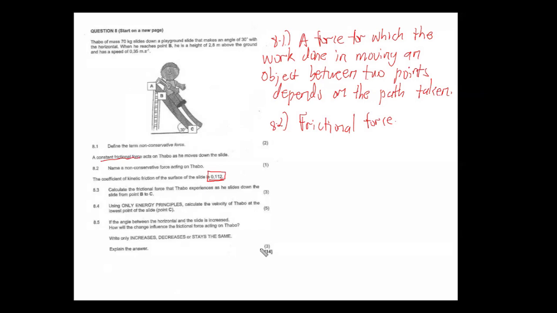Then 8.3 says, calculate the frictional force that Turbo experiences as it slides down the slide from point B to C, right? Calculate the frictional force. Obviously, this is on Newton's second law. To calculate the frictional force, we need to say Fk is equal to mu k multiplied by N. But on an incline, we know that the normal force is always equal to Fg perpendicular.